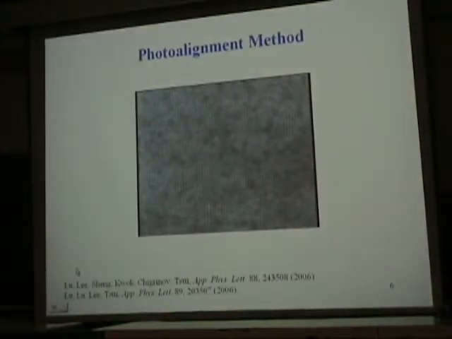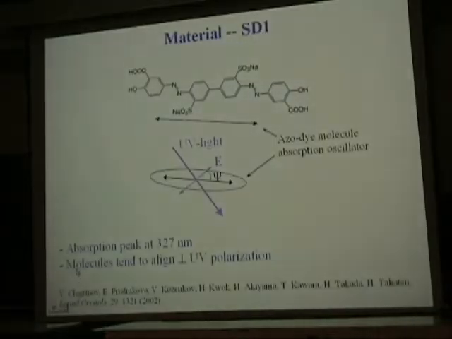That motivated us to pursue the photo-alignment method that I'm going to describe. The material that we use for this method is an azo dye with a molecular structure like that you see here, and it has the nickname of SD1. Previous experiments show that this material absorbs UV light with an absorption peak at 327 nanometer.